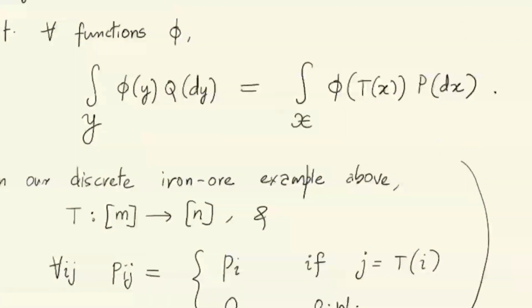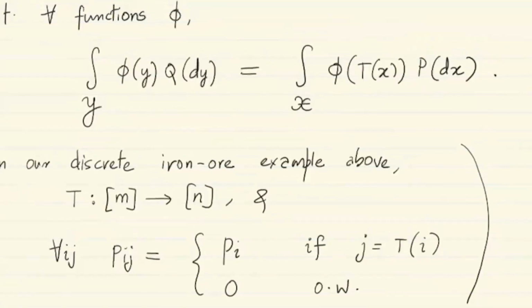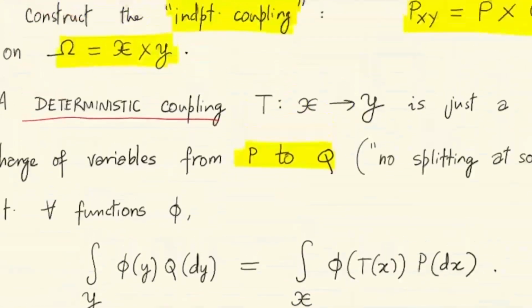So in our discrete iron ore example, as I said, a deterministic coupling T would be any function that maps the set of integers 1 through m to the set of integers 1 through n, such that for all (i, j), Pij is equal to exactly Pi if j is equal to T(i). Okay, so that's what is called a deterministic coupling.